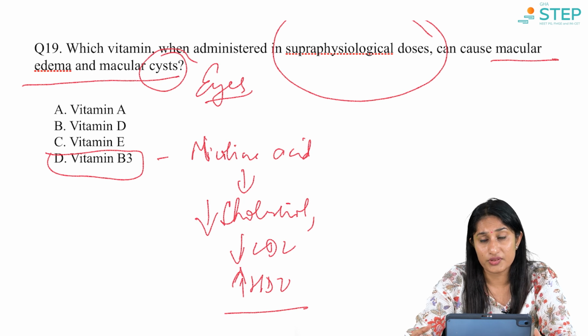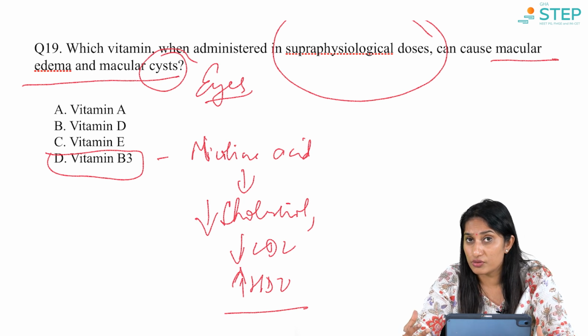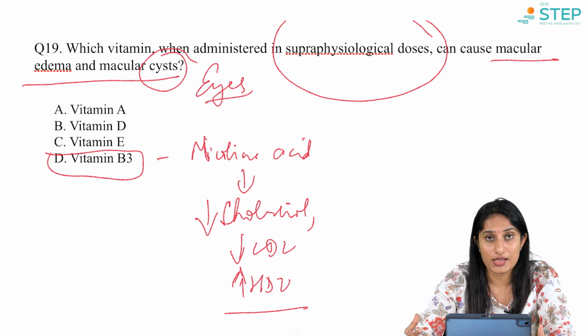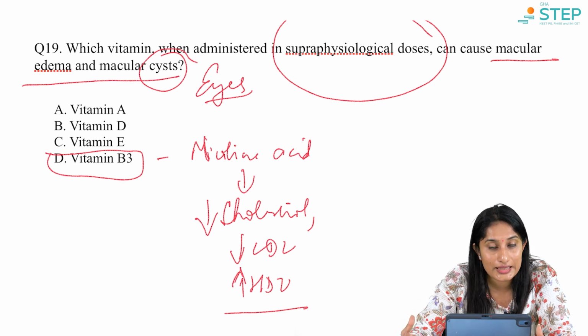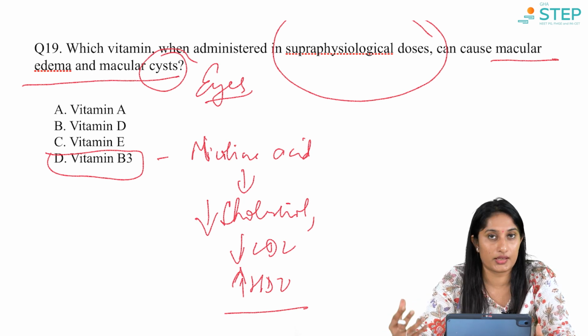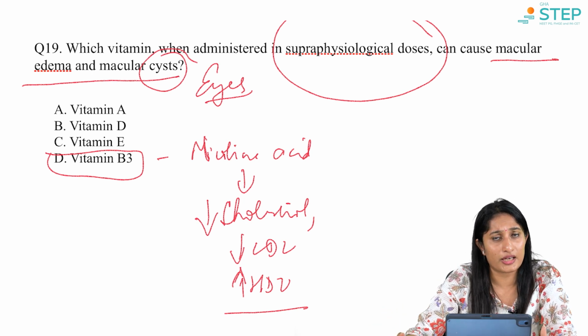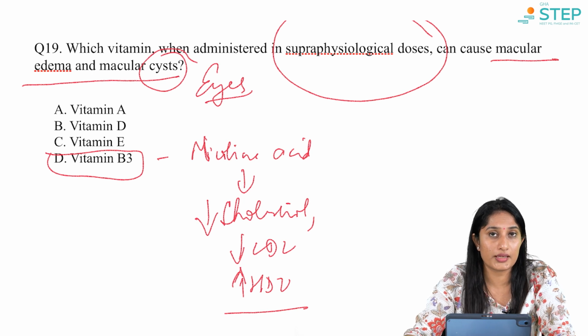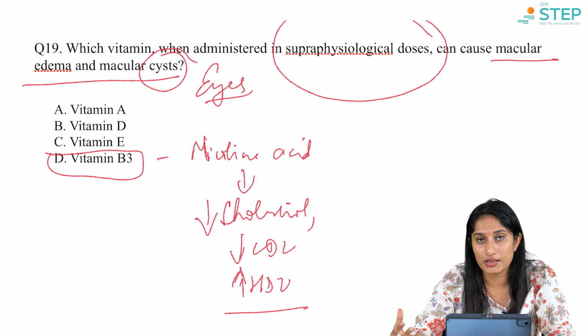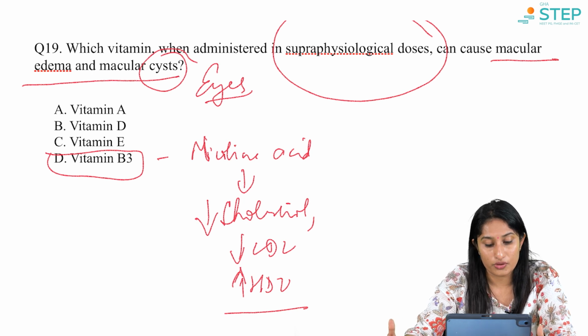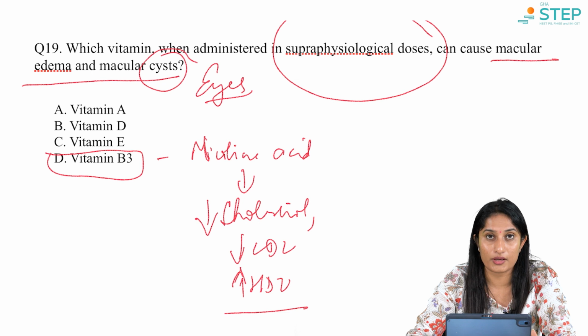Now, what if nicotinamide or niacin is given in a higher amount? That is going to cause edema as a side effect in the eye, macular edema or macular cysts. A high therapy, generally about 35 to 50 milligram of nicotinic acid, can also cause flushing, irritability and hepatotoxicity. Also the eye, that is macular edema or macular cyst.